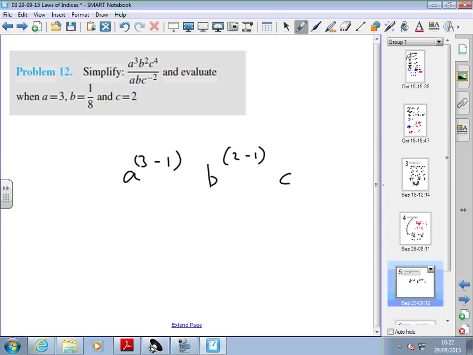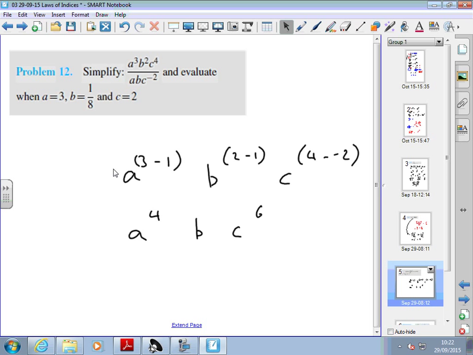But the c's, as has been pointed out, is 4 minus 2, which is plus 2. So be careful when you're using the law of indices there. If you're subtracting a negative, it becomes a positive. So this comes out to be a to the 4, b, c to the 6. Not b to the 1, because 2 minus 1 is 1, so we don't put the 1 in.